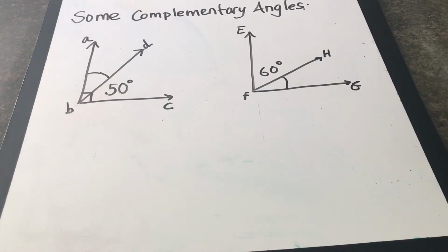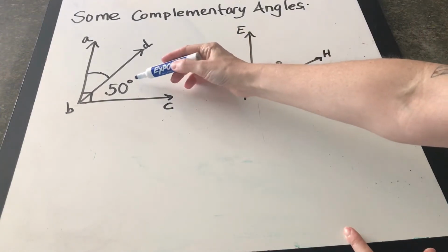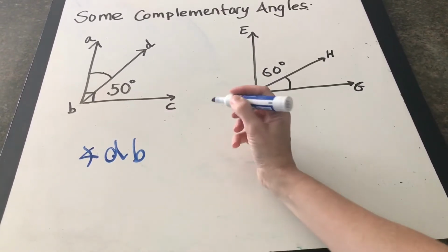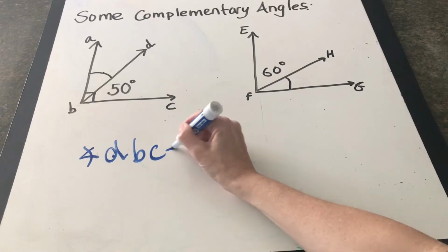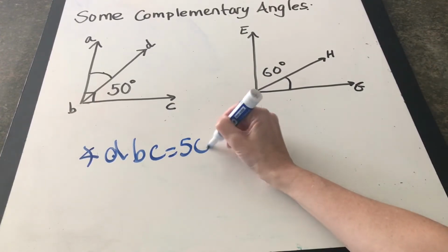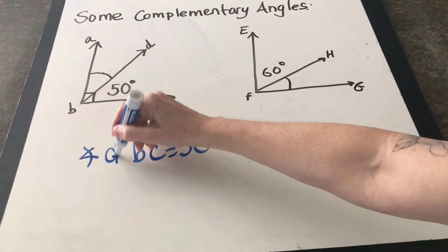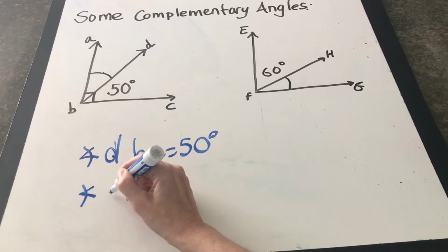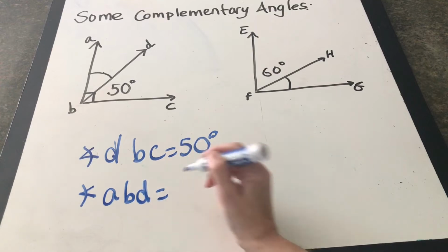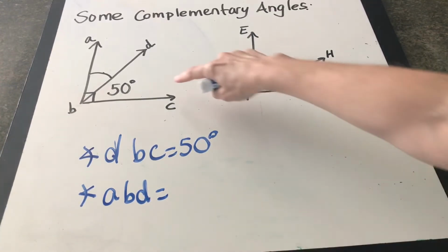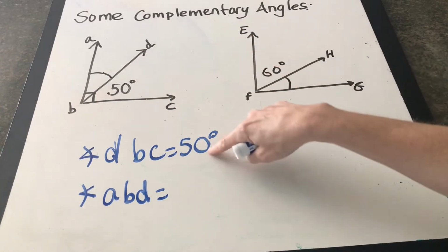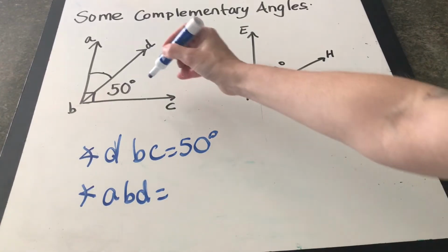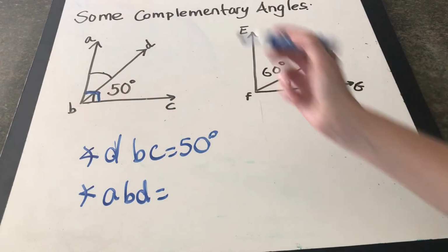The thing that you just want to realize is that if you're given the angle DBC, and you're given that that angle is equal to 50 degrees, and they're asking you to find the measure of angle ABD, well, you know that angle DBC is 50 degrees, and you know DBC plus ABD is going to equal the entire corner, and the entire corner is 90 degrees.